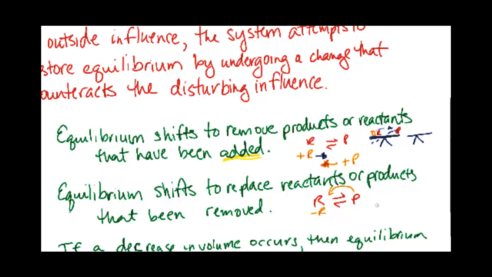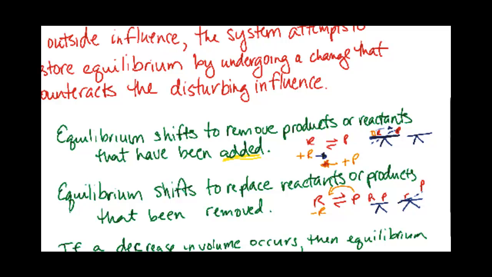So let's see if we can get that seesaw analogy going again. Balanced at the beginning, and what happens? We take away some of the R. Let's make it a lowercase r to signify we've lost some of the R. And that scale tends to lean to the side of the reactants.